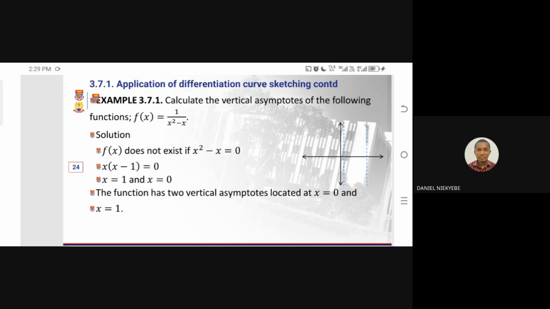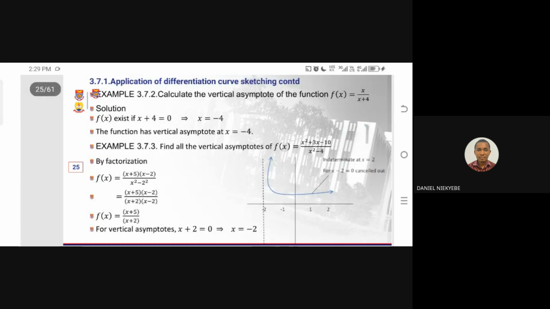Okay, so we have an example here. It says calculate the vertical asymptote of the function f(x) = x all over x plus 4. So the same thing, we have a rational function here. We are saying that q, which is in p over q, should not be equal to 0.